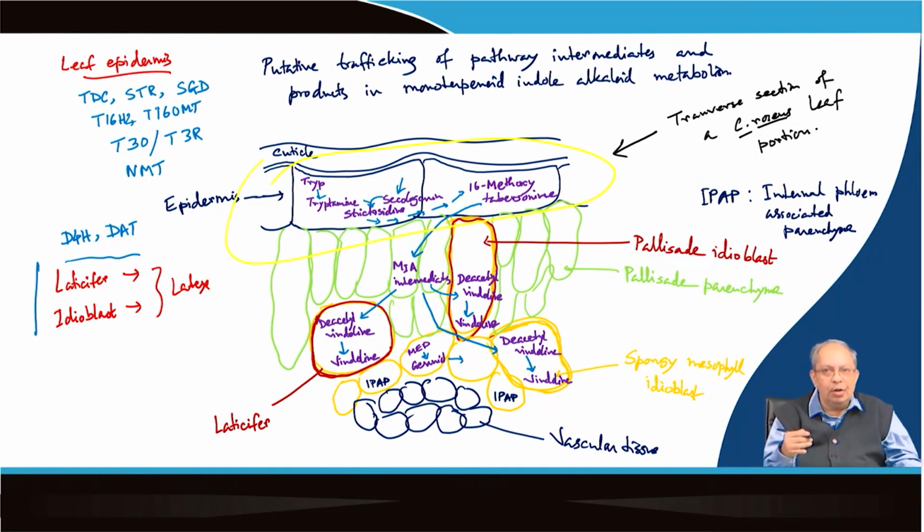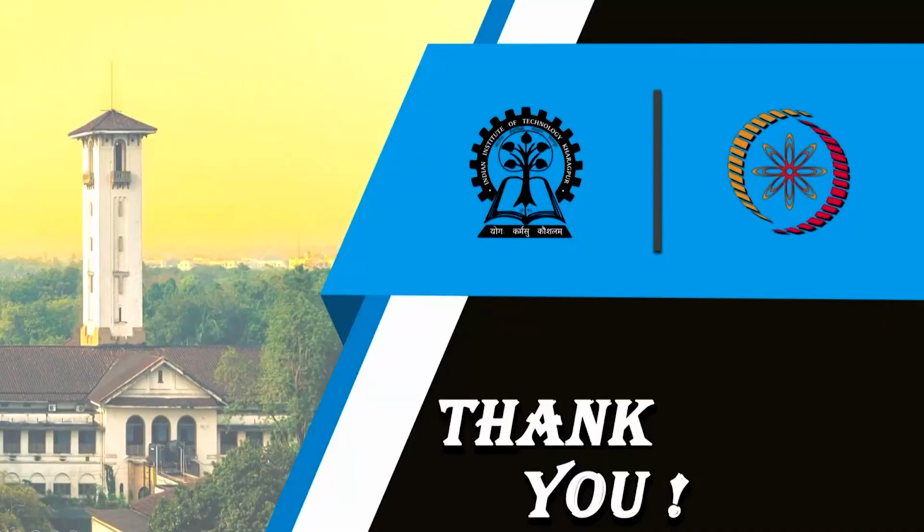That is again a new discovery, and that plays important role in defending the leaves from predators. So, I will not name the alkaloid today. So, let us keep it for the next class. So, with this I end this class.